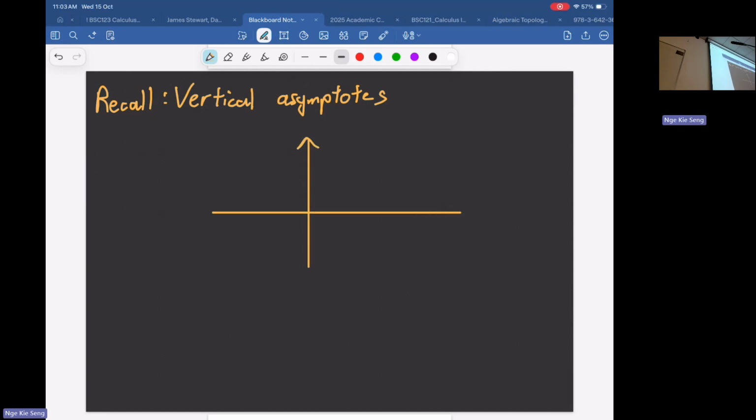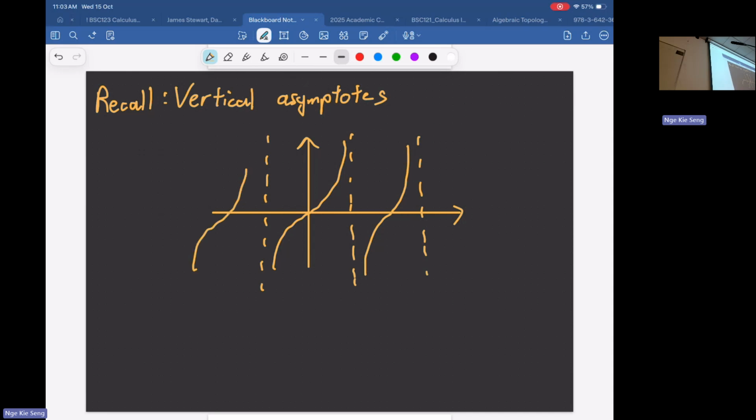For the tangent x function here, there are two vertical asymptotes where this function shoots off to infinity. If you consider all the periodic versions, there are infinitely many, but let's restrict to minus pi over 2 and pi over 2.